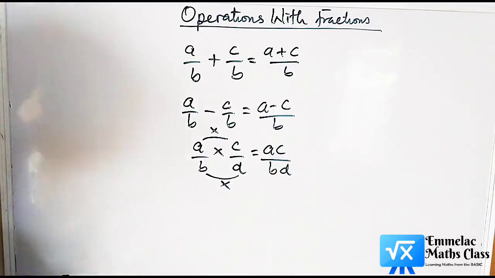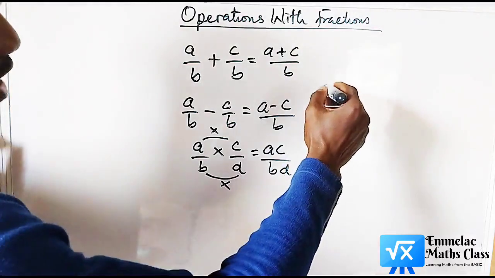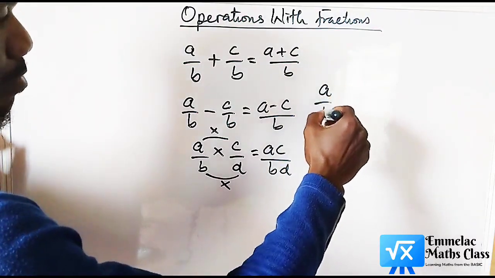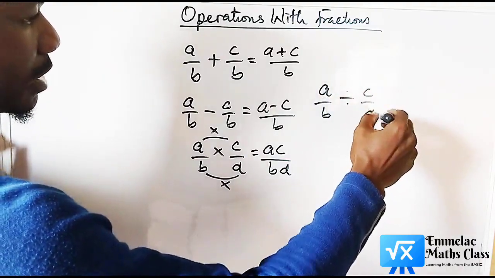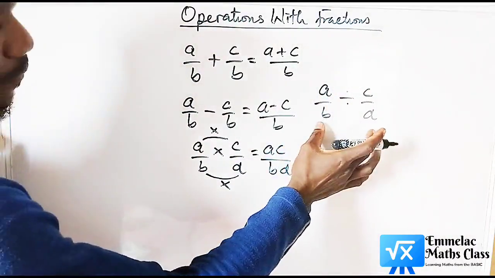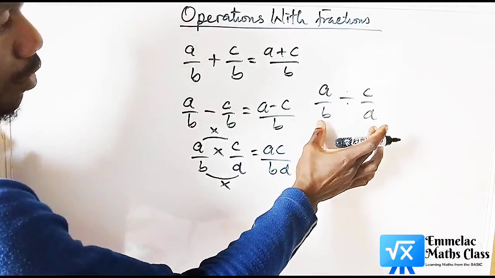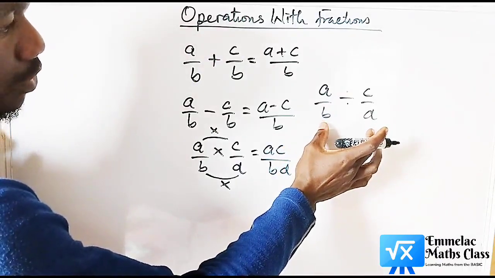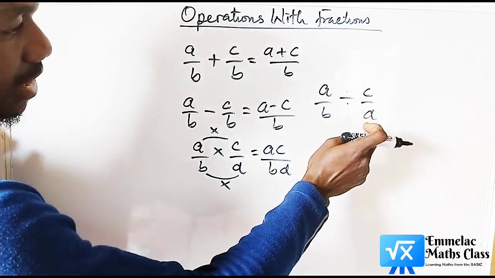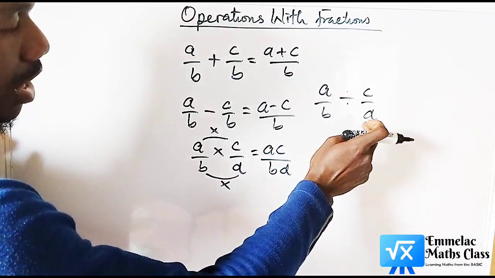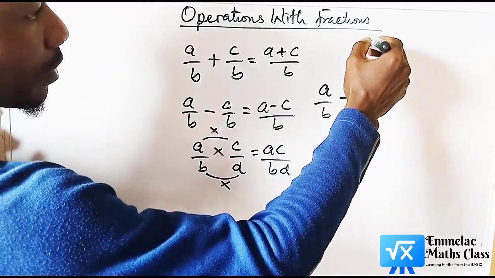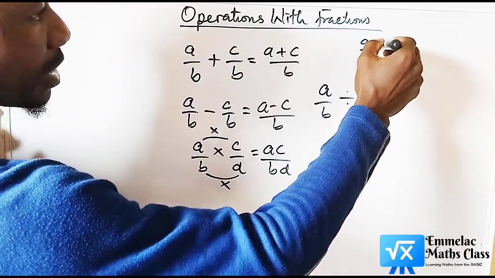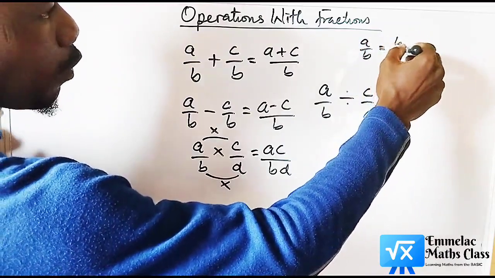Another rule is the division rule. For instance, if you have a over b divided by c over d, the first thing you need to do is to invert, or change it to its reciprocal. The reciprocal of a over b is b over a.